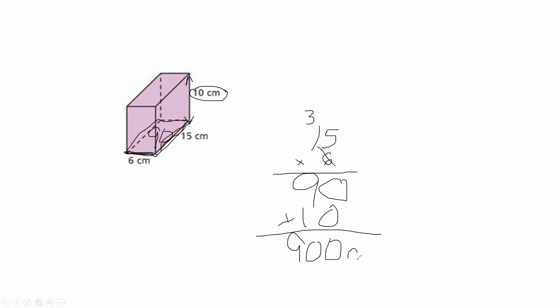900. And because we're finding volume, you have a little tiny 3 because it's 3-dimensional, because you're multiplying length times width times height.